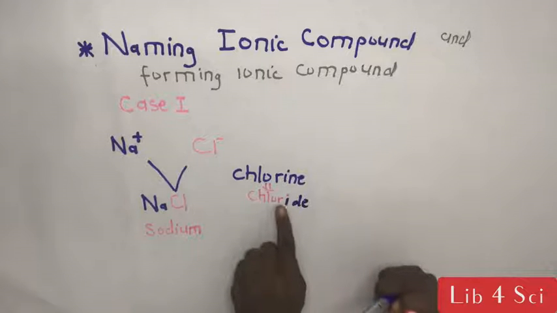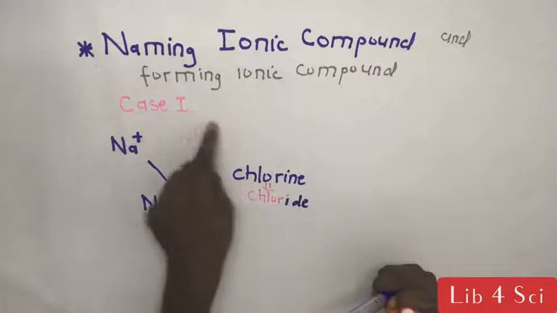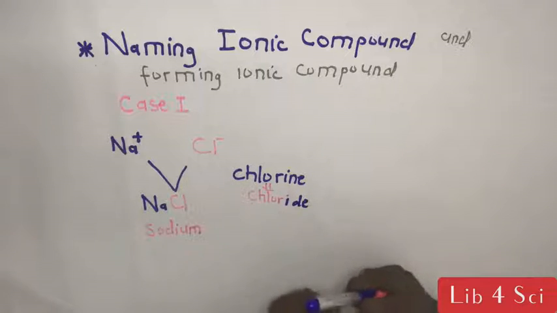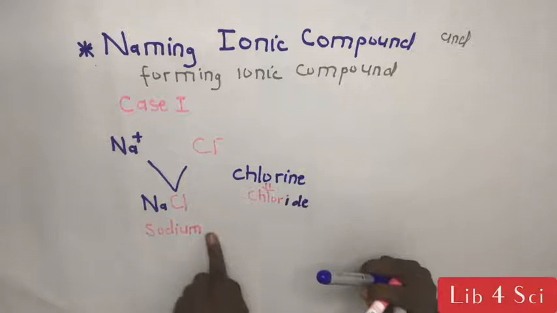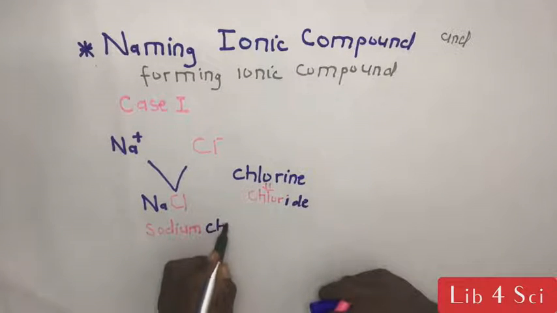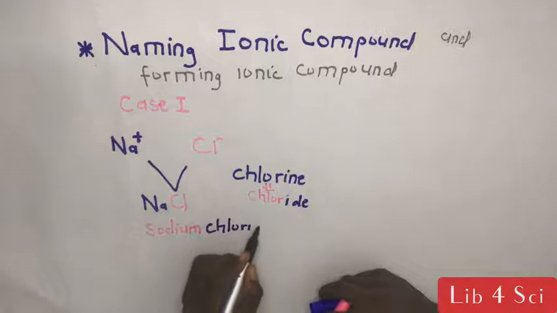So it is this name, chloride, that I'm going to use for this ion. The name of this ion is chloride. We attach this chloride to sodium, so the name becomes sodium chloride.